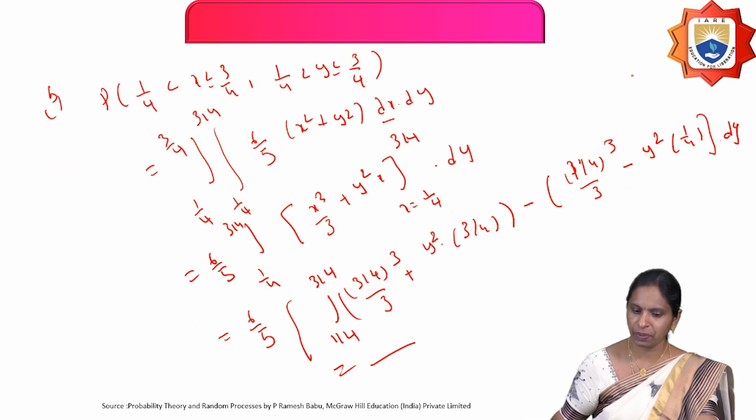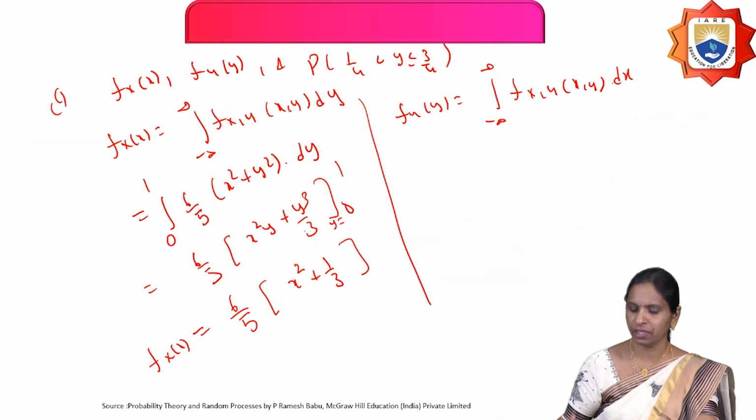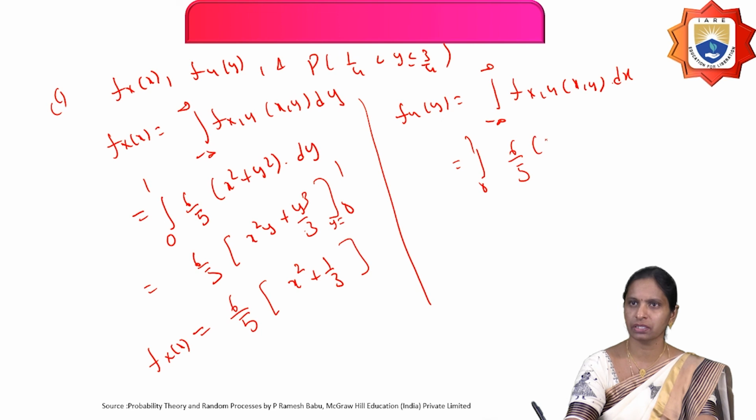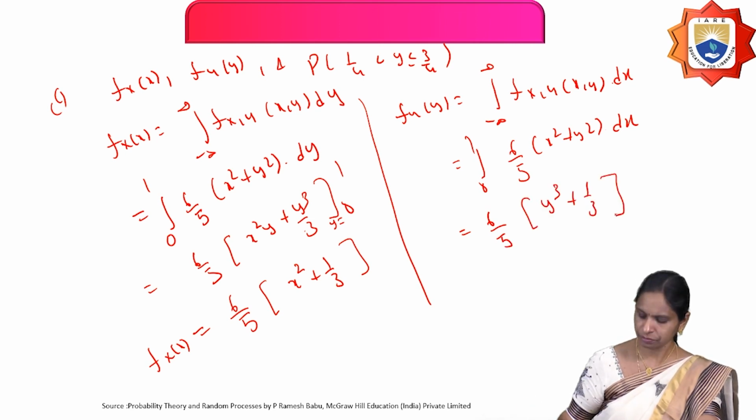And what are the limits of x in the given problem? 0 to 1. Therefore replace minus infinity and infinity by 0 to 1. And within the given limit, the joint density function is 6 by 5 into (x square plus y square) dx. If you simplify, what can you obtain here? 6 by 5 into (y square plus 1 by 3).